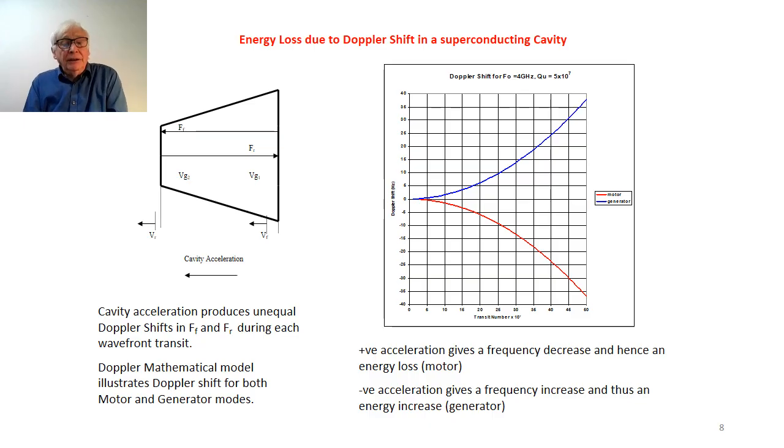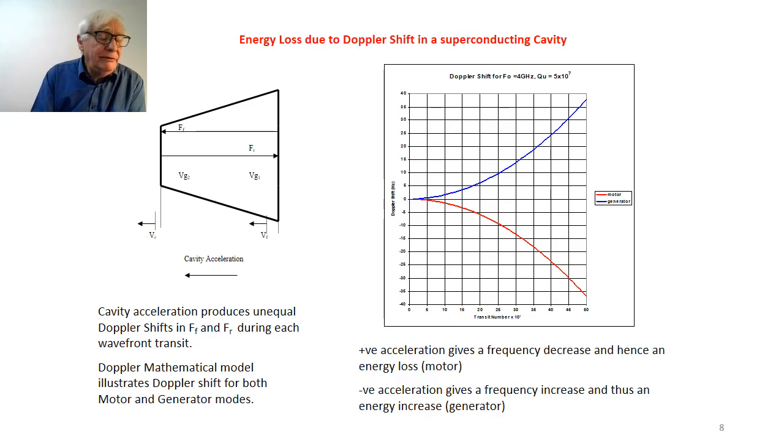If indeed the velocities of the guide were the same at each end, then you would get Doppler shifts which cancelled each other out. So in a symmetrical cavity, you don't see this overall Doppler shift if you accelerate a cavity.